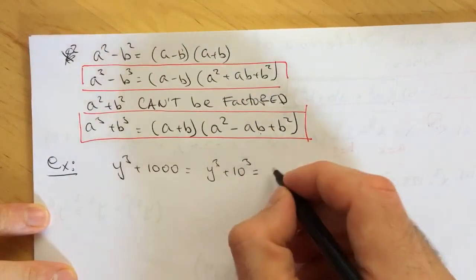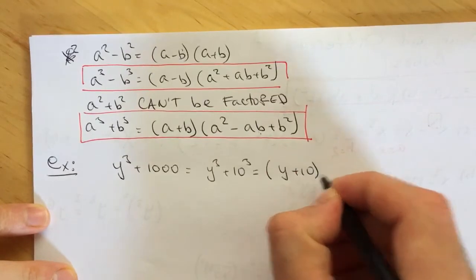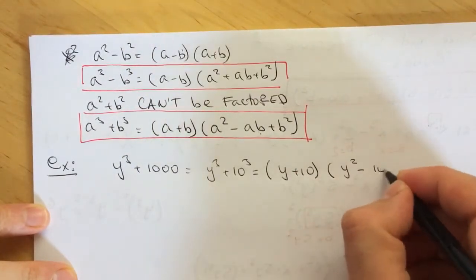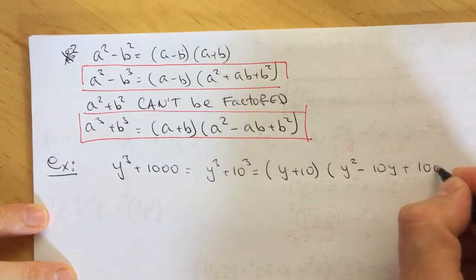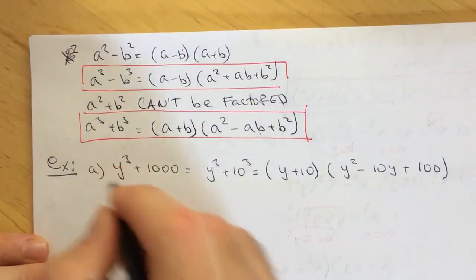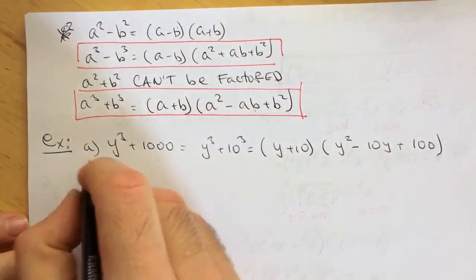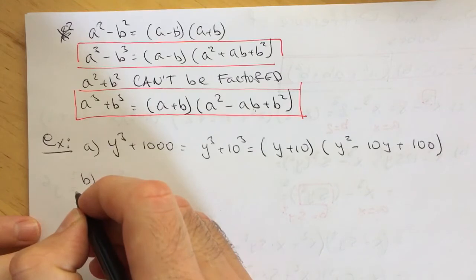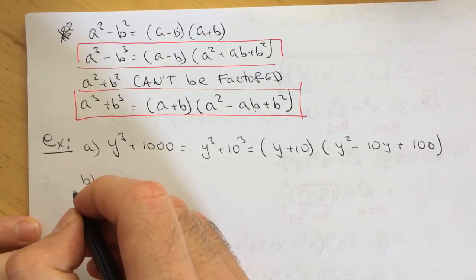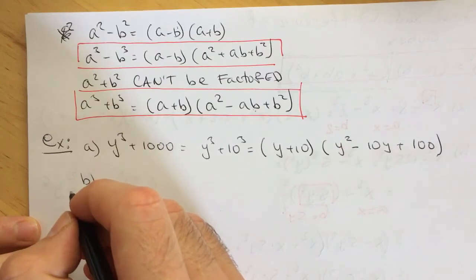So using this formula right here, that's y plus 10 times y squared minus 10y plus 10 squared, or 10 squared is 100. Or, let's find another example.